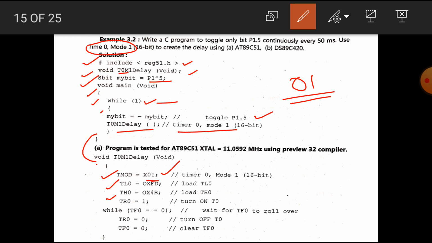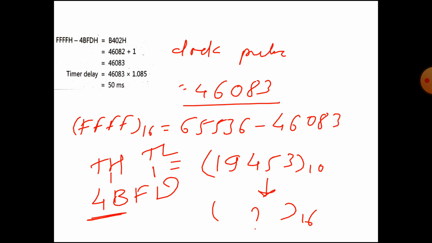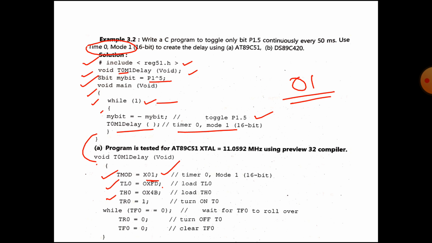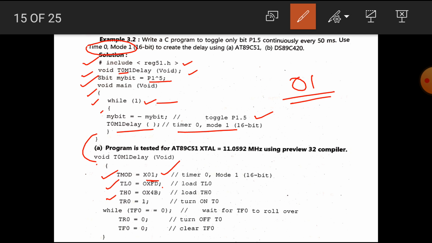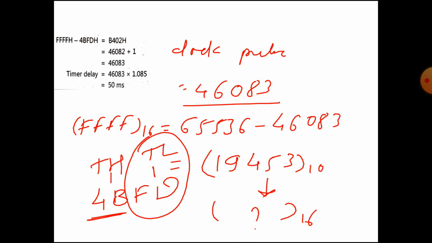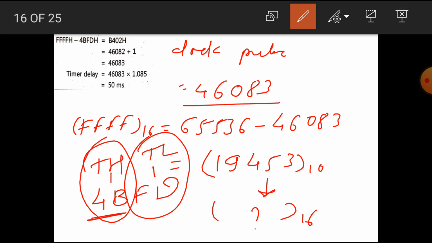The value of TL is FD. We have calculated this value. And the value of TH is 4B.